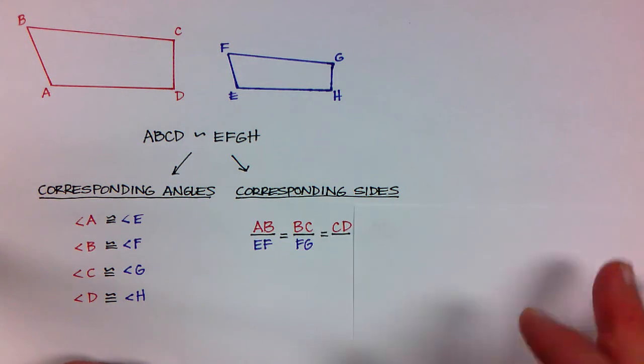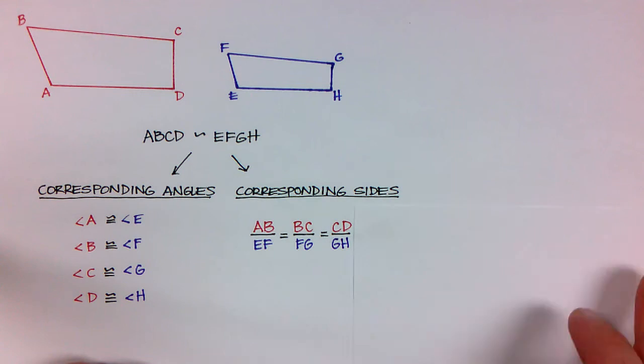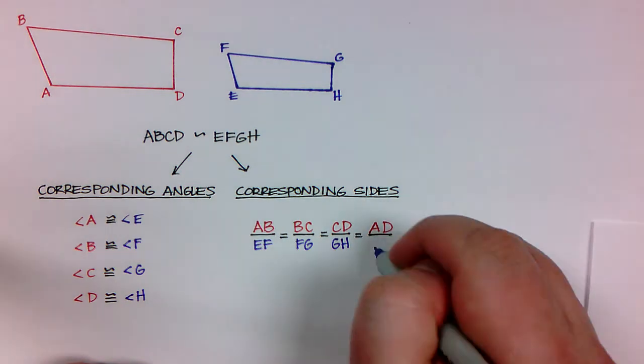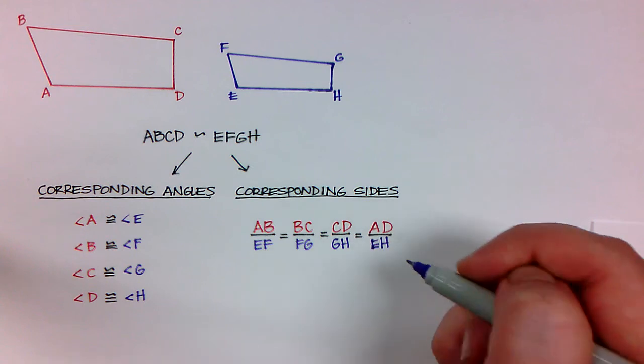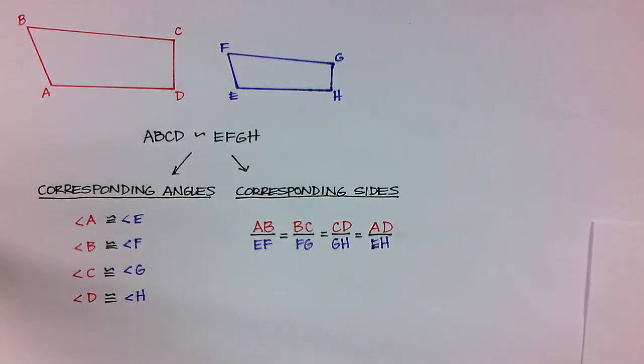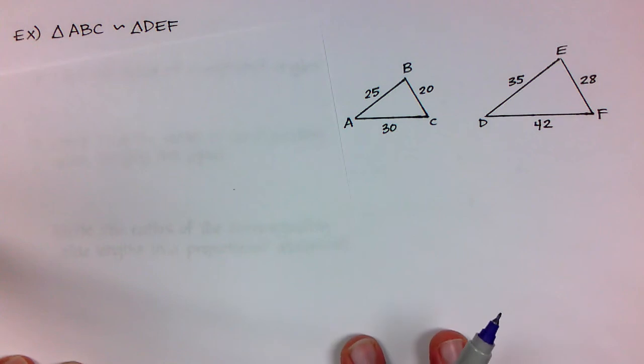Likewise, it's going to be the exact same ratio of CD divided by GH, and also AD divided by EH. So all four of those, if you divided them, you would be able to get the exact same ratio every time. So I'm going to show you an example.